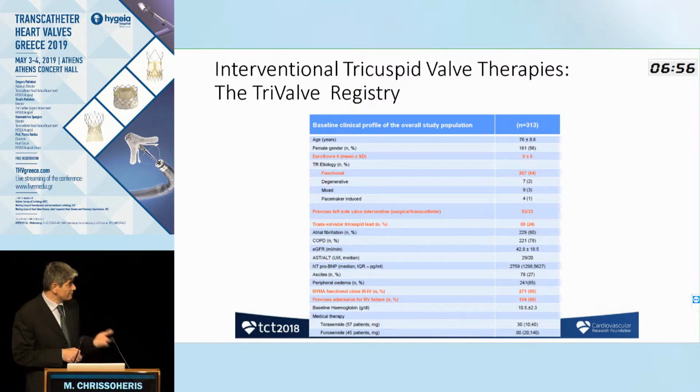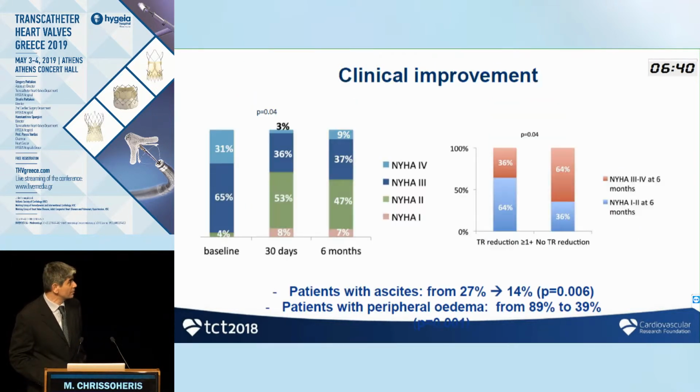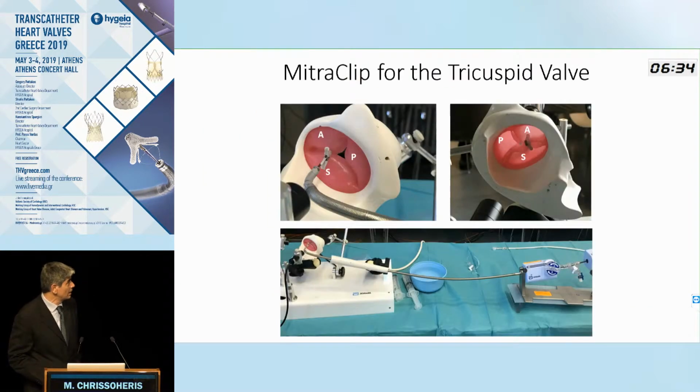NYHA functional class is advanced. Most of them had an admission for right ventricular failure. So these are patients who present late in the stage of right ventricular dysfunction. But we see that even in this population of patients, if you get a reduction in tricuspid regurgitation, these patients tend to do better and tend to have an improvement in their NYHA functional class.